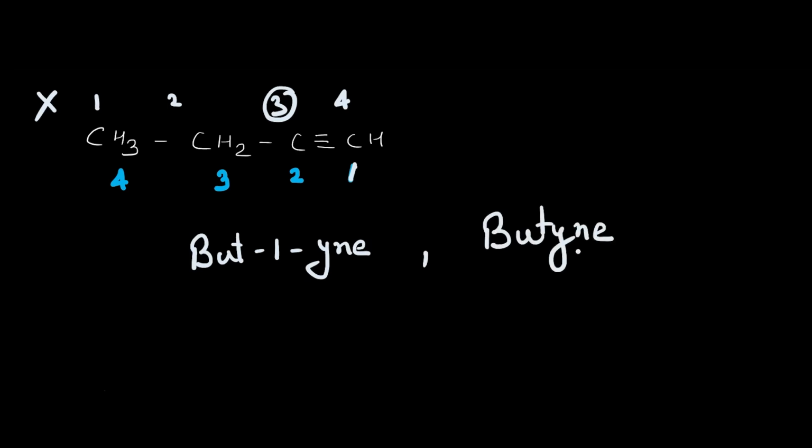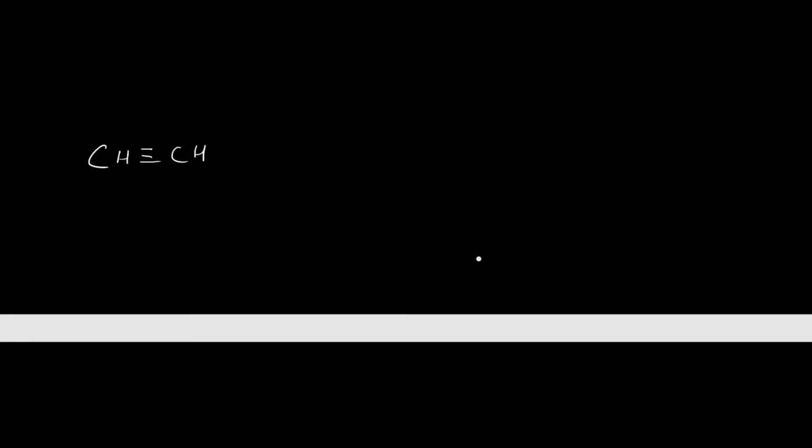In case a double bond or triple bond is not at the number 1 position, then you have to mention the position of the triple bond, second or third. This is the compound here, 1 and 2.